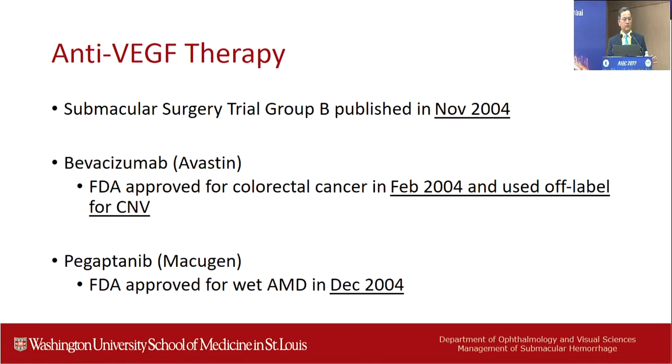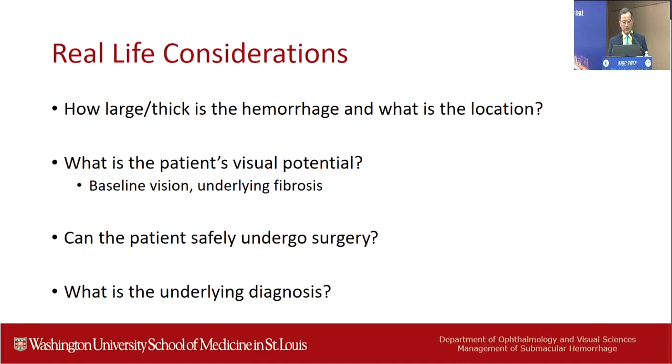And then everything changed, of course. We had SST results for submacular hemorrhage, but then you had Avastin used off-label, and then multiple anti-VEGF agents, as you heard, that were developed after 2004. And so there are a lot of considerations now, and this is really for AMD, but then it gets even more complicated in non-AMD indications.